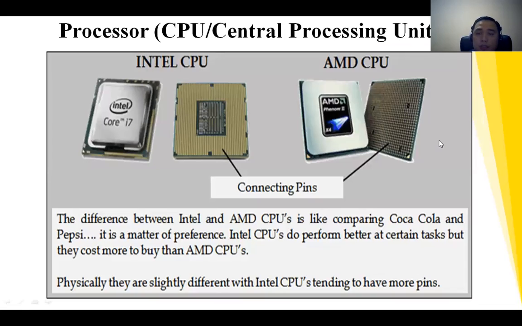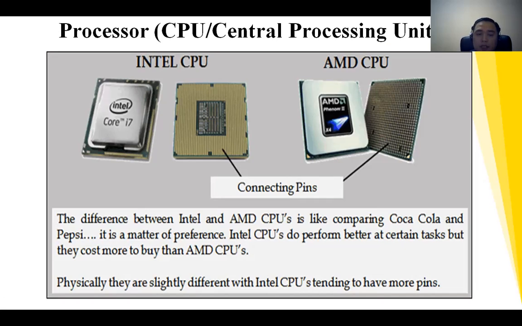Processor, CPU, Central Processing Unit. Intel CPU. AMD CPU, connecting pins. The difference between Intel and AMD CPUs is like comparing Coca-Cola and Pepsi.